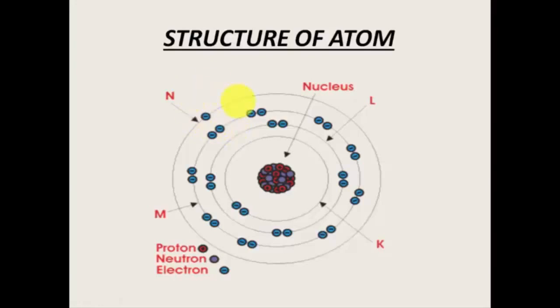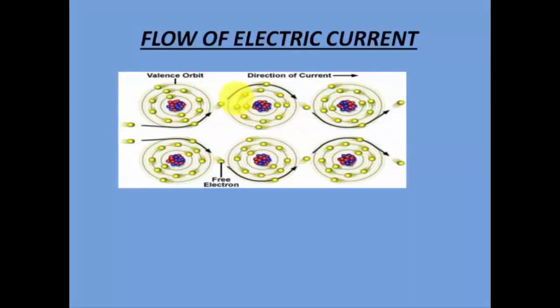So this loosely bound electron tends to get detached from the atom, and it moves to the other atom. This is how electrons are transferred from one atom onto the other, and this is how the electric current also flows. I will explain in a clearer format.